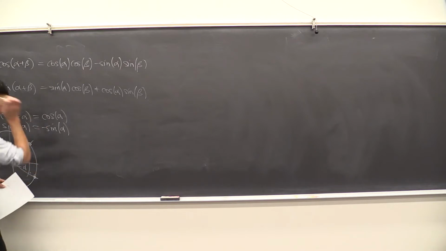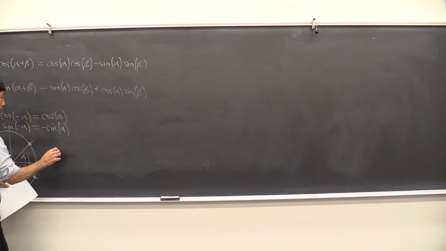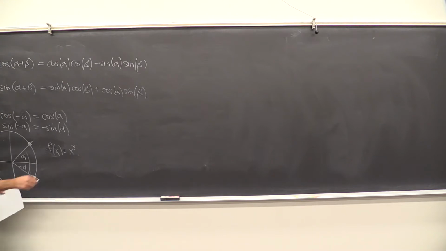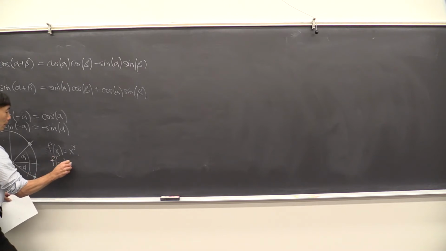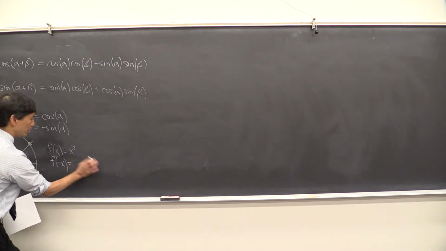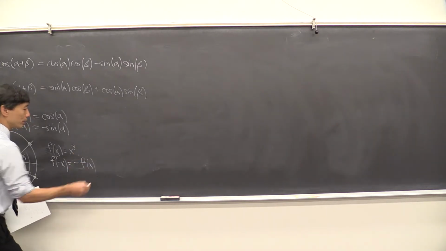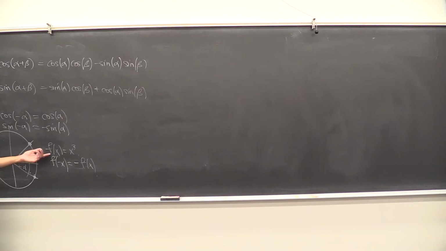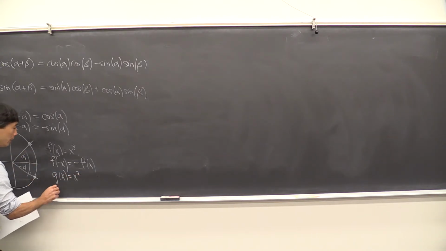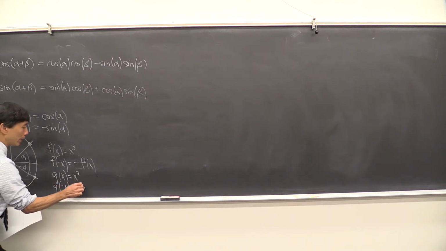Remember back when we were doing polynomials? You have something like f of x equals x cubed, and this was something where f of negative x turns into negative f of x. This was an odd function. And if you had some other function, g of x equals x squared, say, then g of negative x was just the same as g of x.